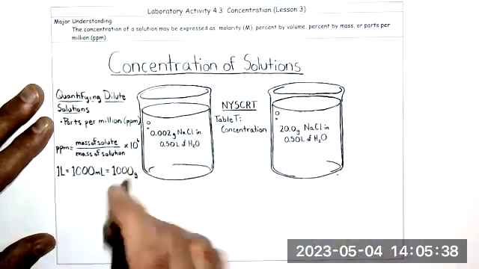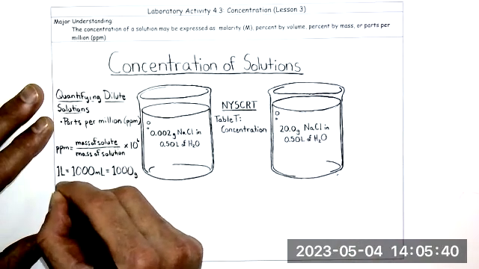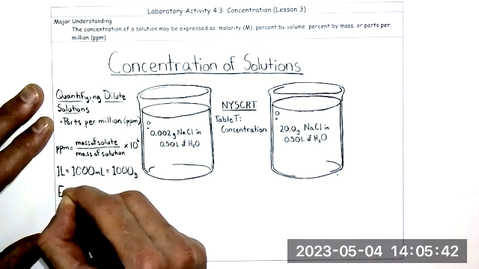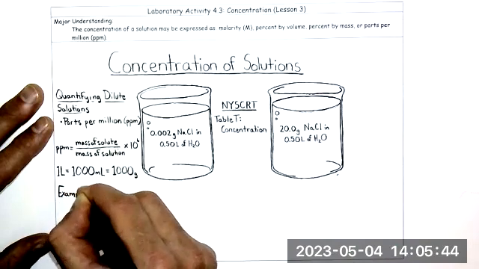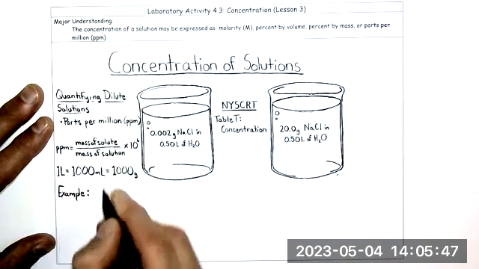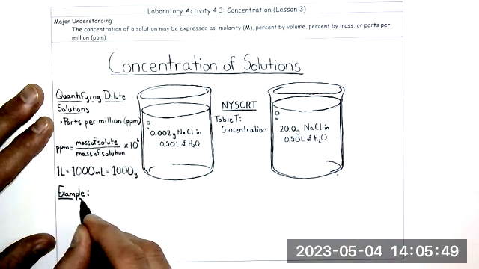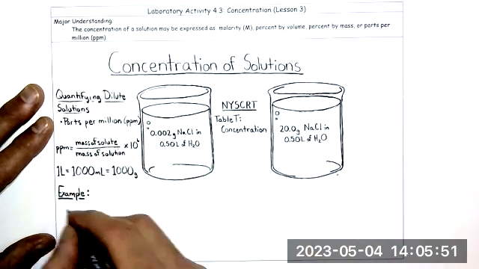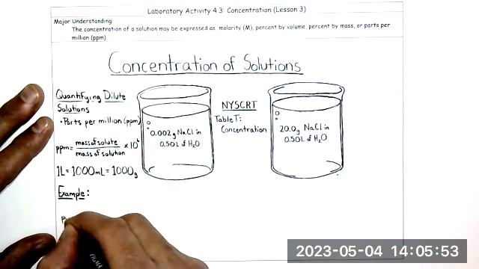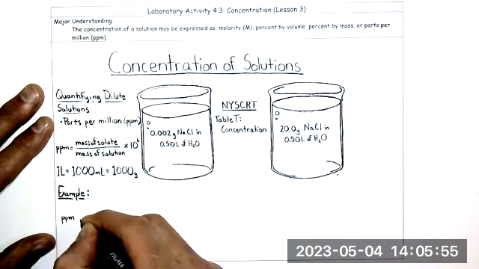Now let's look at our example problem and apply this equation. We want to determine parts per million for our solution.